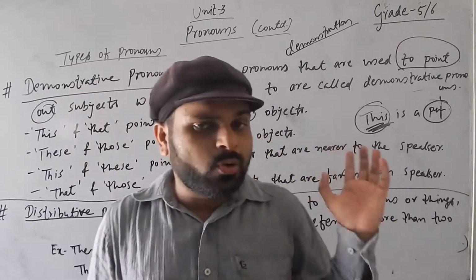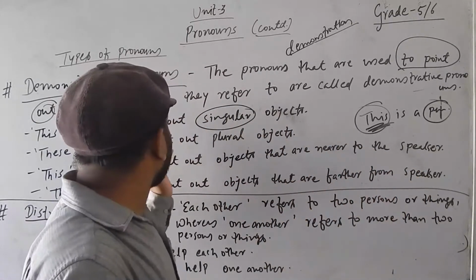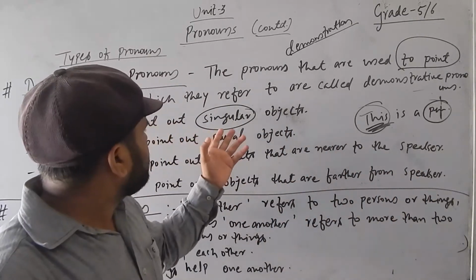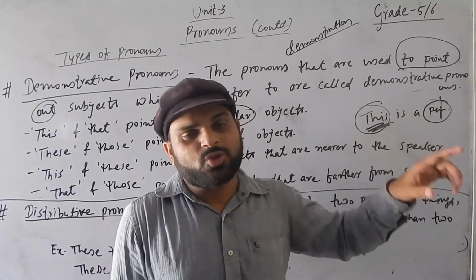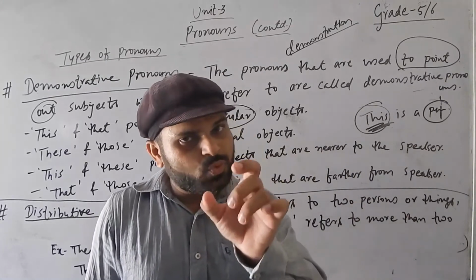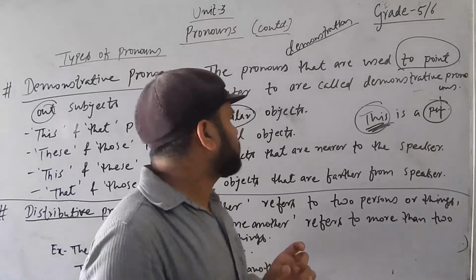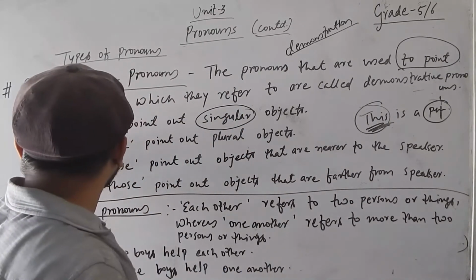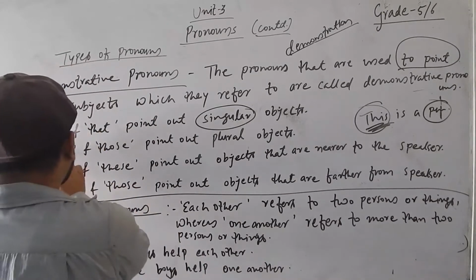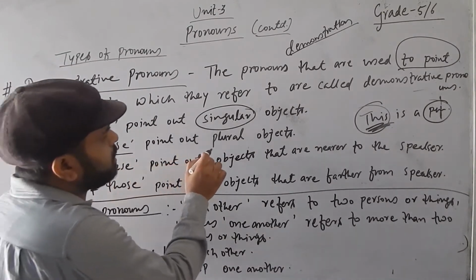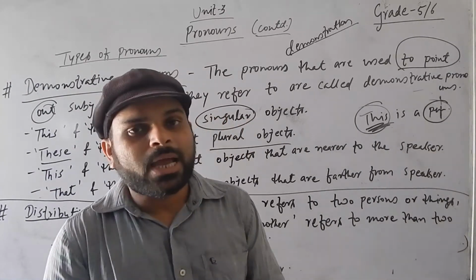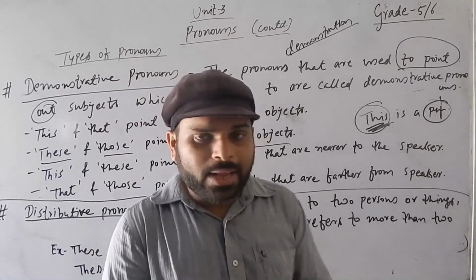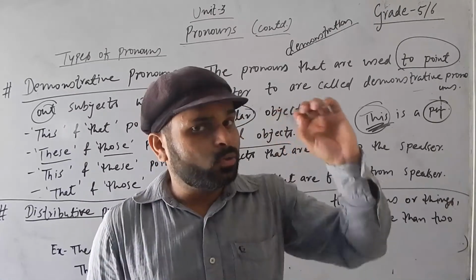So first of all, know that this and that are used for a singular object, to show the singular object. Next, these and those point out the plural objects, exactly like this and that.